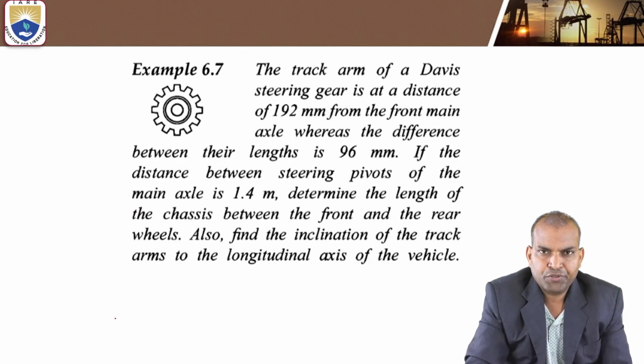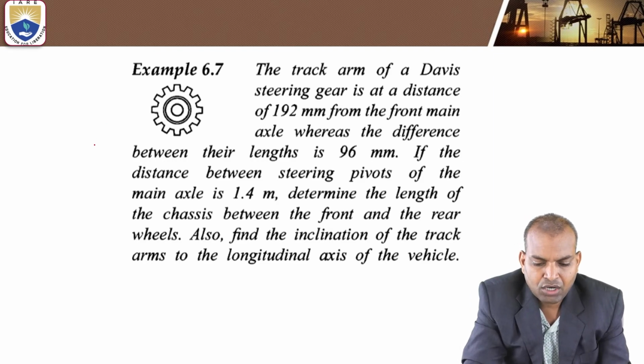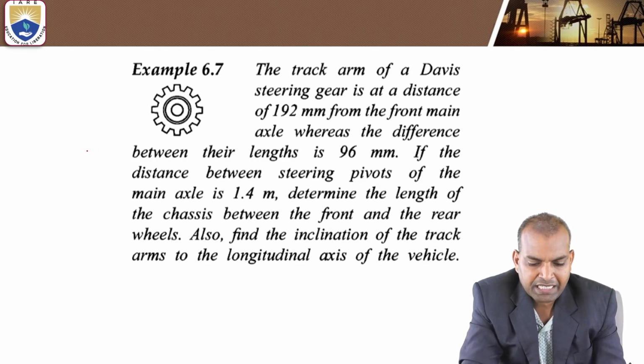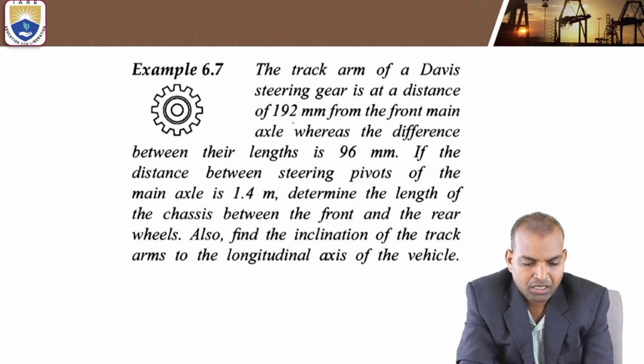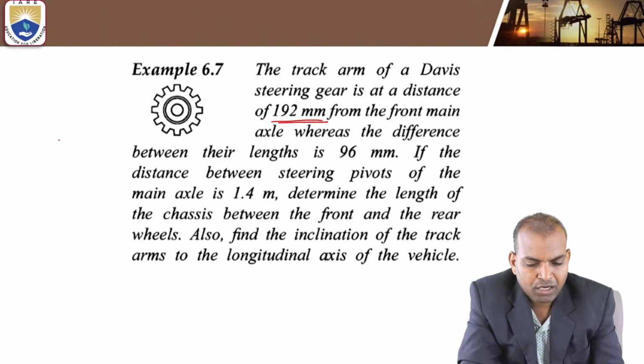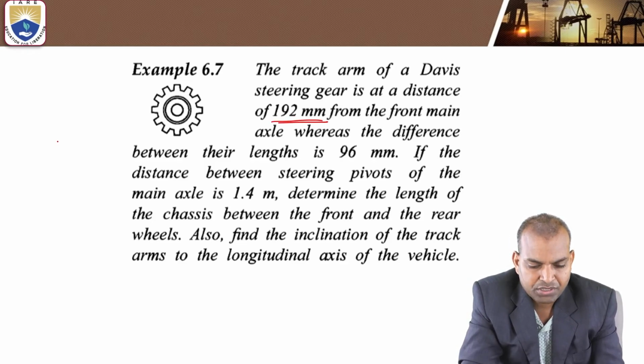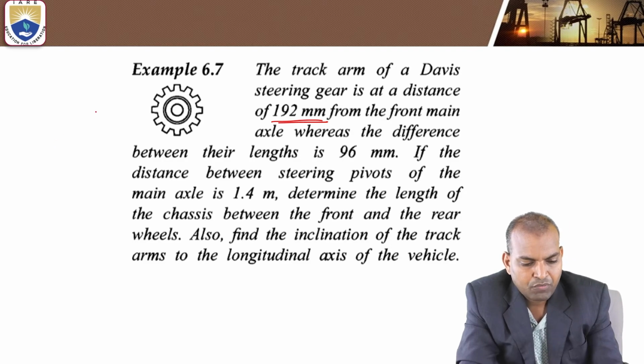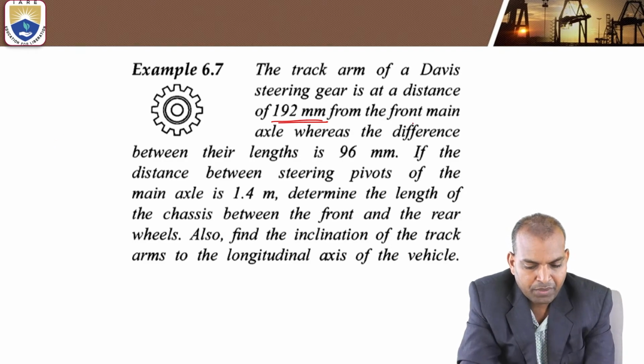Next question: the track arm of a Davis steering gear is at a distance of 190 millimeter from the front main axle, whereas the difference between their lengths is 96 millimeter.